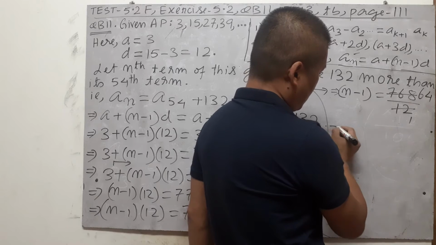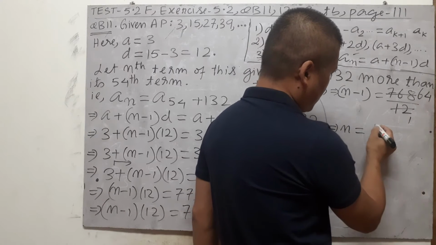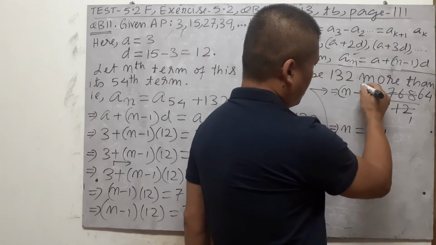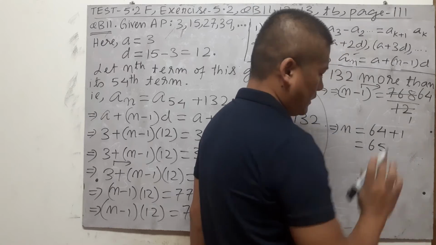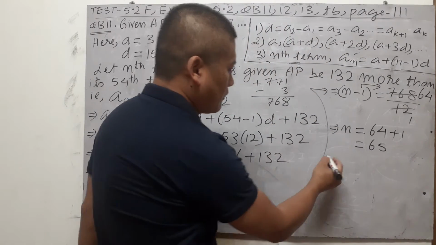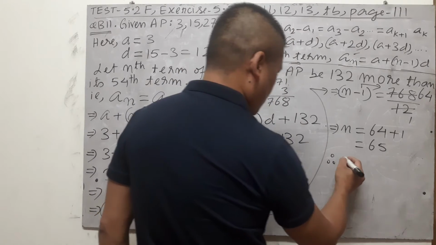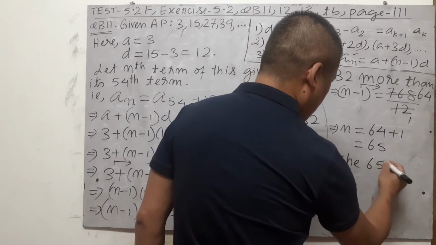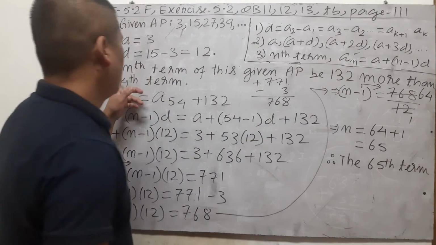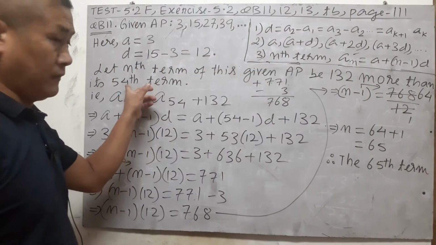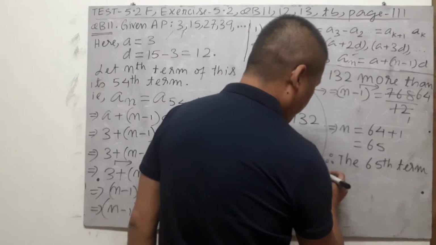So that implies n will be equal to 64, and minus 1 shifted to the right side will become plus 1. So n is 65, which means the 65th term is the term which is 132 more than the 54th term. Now we found out it is the 65th term.